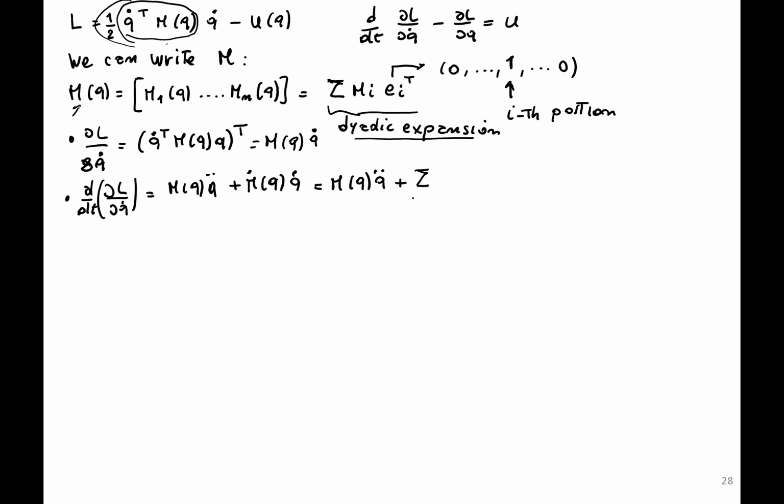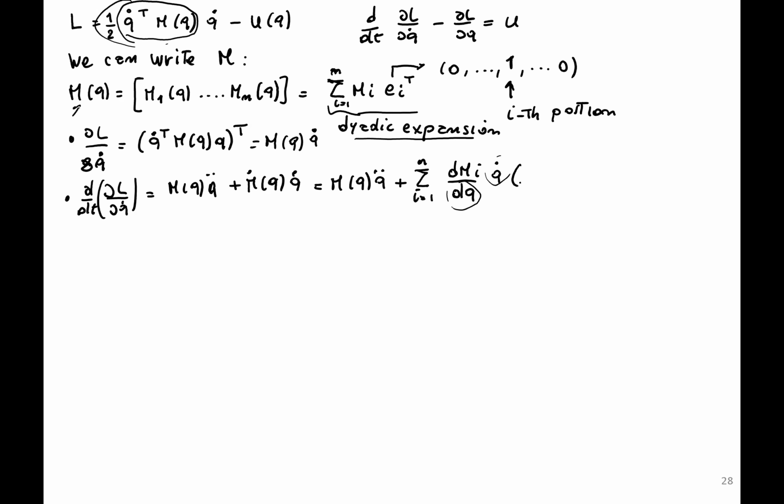So we do the summation between 1 and n of the derivative of the columns of the inertial matrix times q dot, because if we want to differentiate the matrix with respect to time, we can use the chain rule. We differentiate with respect to q, and then we differentiate q with respect to time, remember.